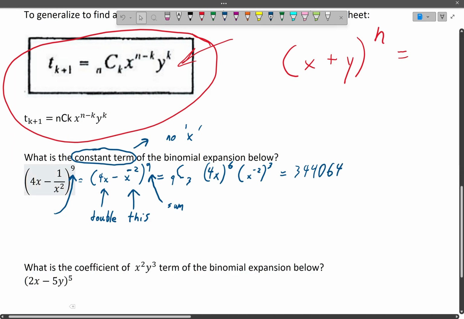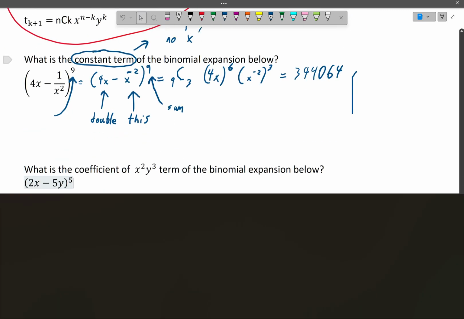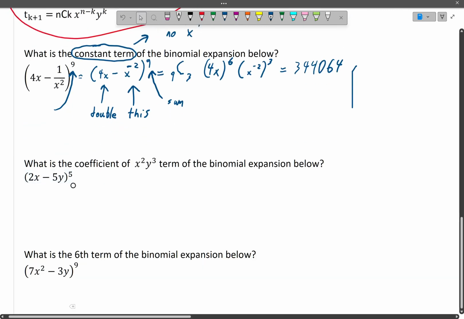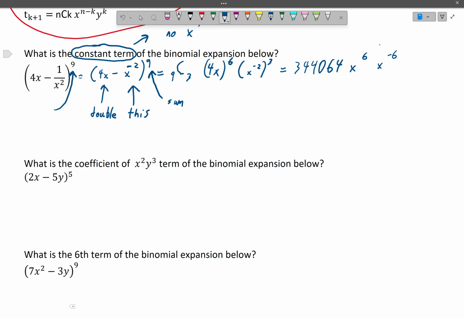So this is our big expansion. This is our like constant term. And if we just look at the variables to double check, we could put x to the 6, x to the negative 6, and you can see that those guys cancel. So this is our final answer.